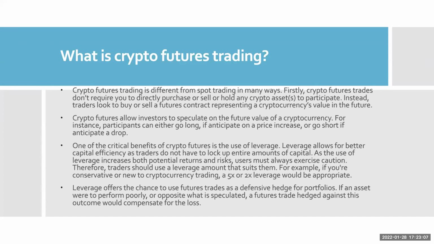One of the critical benefits of crypto futures is the use of leverage. Leverage allows for better capital efficiency, as traders do not have to lock up the entire amount of capital. So for example, if I have $1,000 in my portfolio and I want to enter a trade, I do not need to put my whole $1,000 in there.